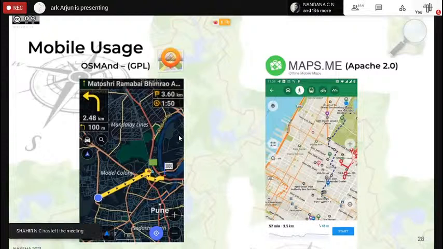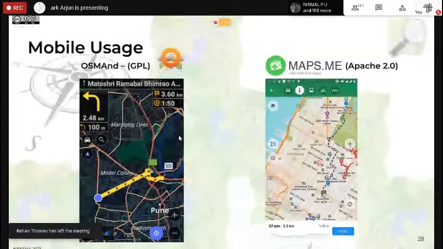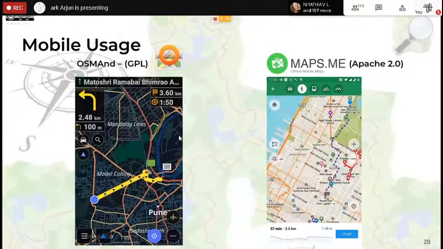Next, how to use OpenStreetMap other than on www.openstreetmap.org? How can you use it during navigation? That's more important from the perspective of usage. There is an application called OsmAnd, which is under the GPL license.